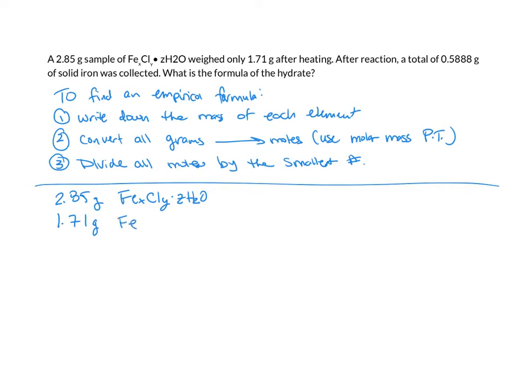So after heating we have FeXCl. If I subtract these, I get the grams of H2O, which gives me 1.14 grams of H2O. So this will be one of the first numbers I'm going to work with.